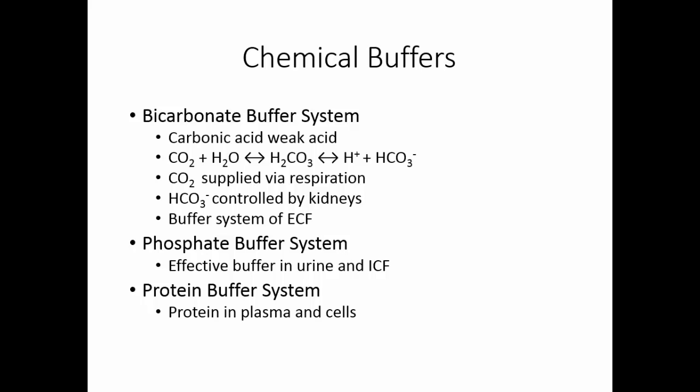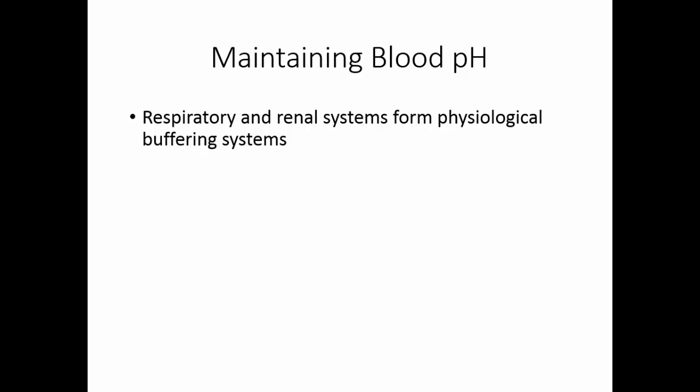We talked about a protein buffer system in the respiratory system. Hemoglobin, remember, can pick up some hydrogen ions and help buffer the red cell contents as we're exchanging carbon dioxide and oxygen back and forth. The respiratory system and the renal system help form the physiological buffering systems of the carbonic acid system.